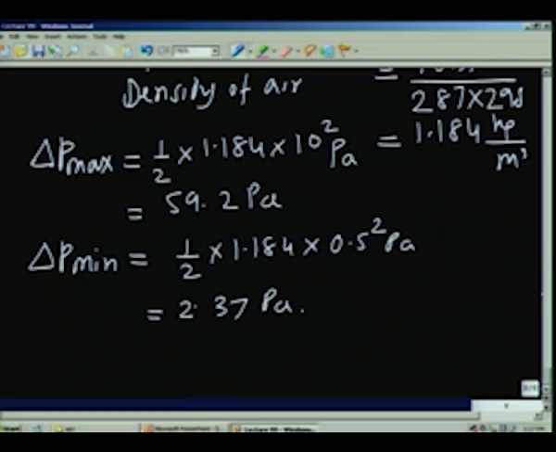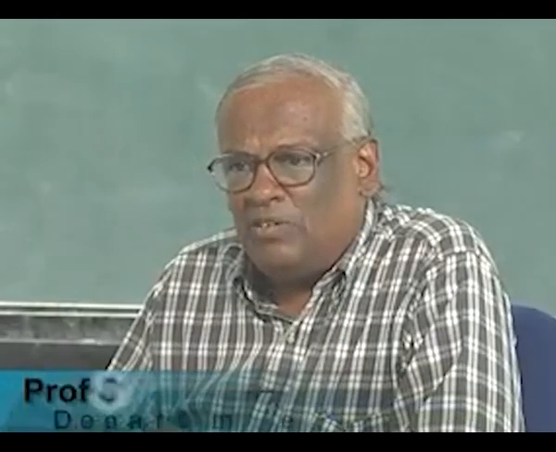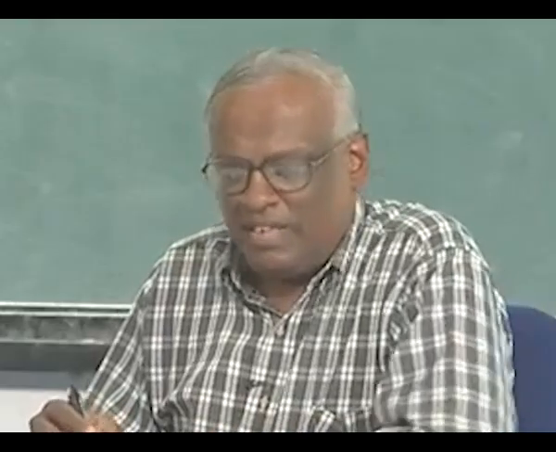In fact, I will convert this to millimeters of water. So, delta P is equal to rho g h, where h is the height of water column, g is the acceleration due to gravity, and rho is the density of water. I will take the density of water simply as 1000 for the sake of simplicity.